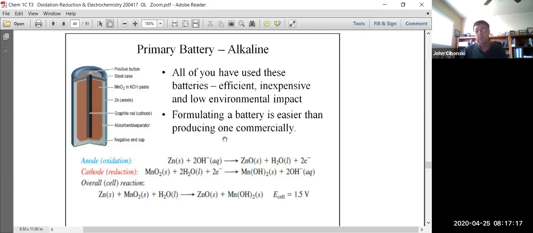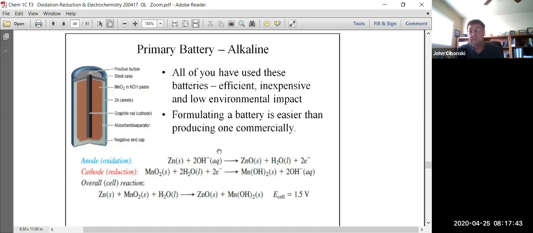Now, that's the only primary battery we're going to talk about. You are familiar with things like silver batteries, the little circular button batteries we use for watches and assorted other small applications. Mercury is used for that, or was used. It probably is not, at least in the US, used anymore.